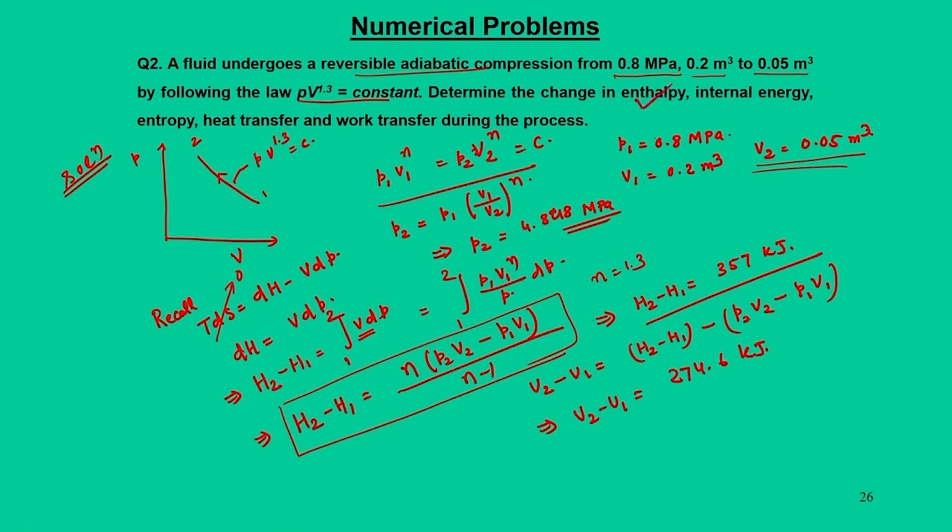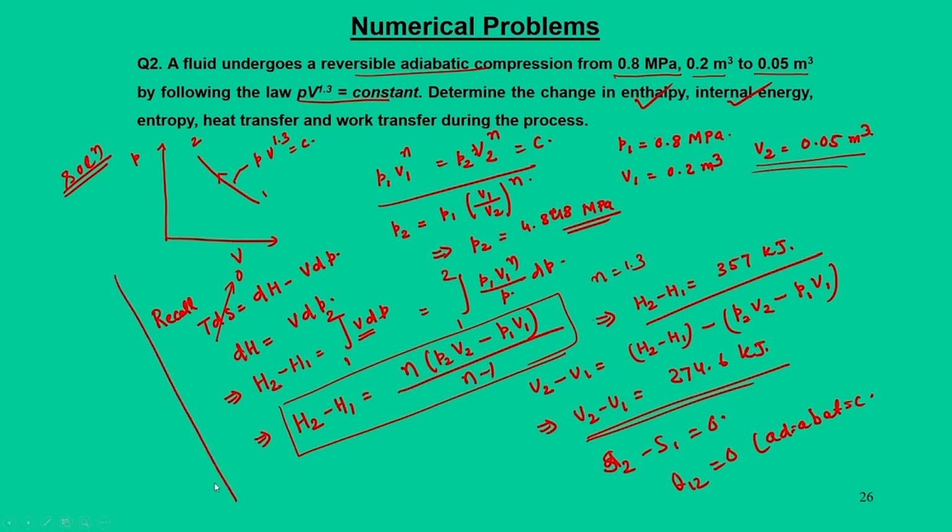So, enthalpy known, internal energy known. Entropy change S2 minus S1 is equal to 0, because it is a reversible adiabatic process. Heat transfer Q12 is also 0 because it is adiabatic.